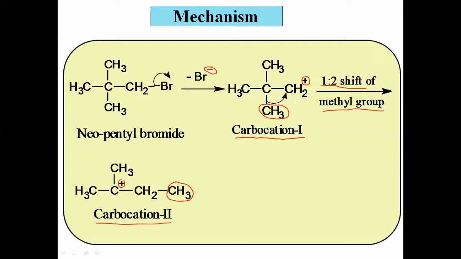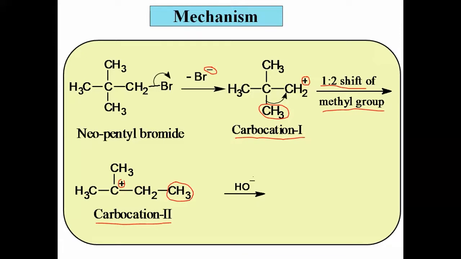Hence, primary carbocation easily undergoes migration, easily undergoes shifting of methyl group to form more stable tertiary carbocation second. Okay, this is the 1,2 shift of the methyl group. And actually, why is that reaction called rearrangement? Because rearrangement occurs, migration of group occurs here in this particular second step, and therefore that reaction is called rearrangement reaction.